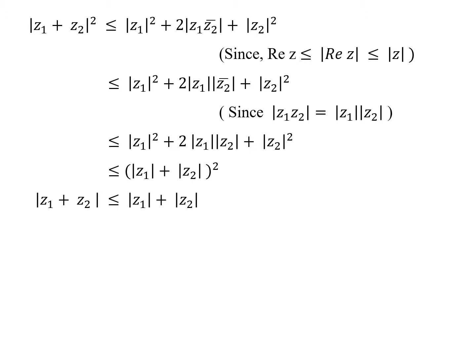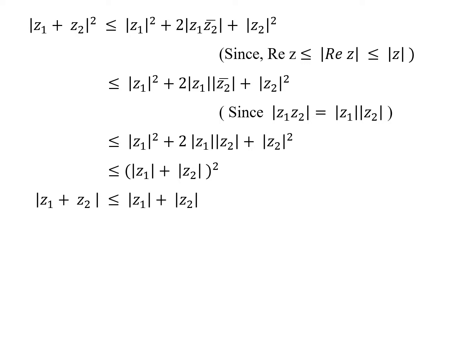It looks like the a plus b whole square form, so we can write (mod z1 plus mod z2) the whole square. Taking the square root on both sides, we get mod z1 plus mod z2 greater than or equal to mod z1 plus z2, that is, mod z1 plus z2 less than or equal to mod z1 plus mod z2.